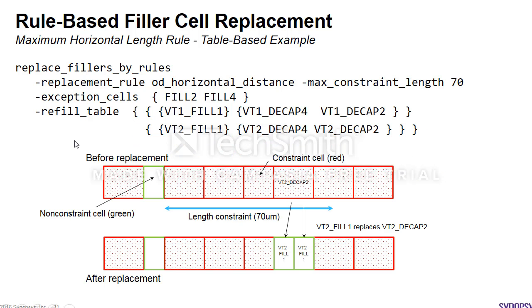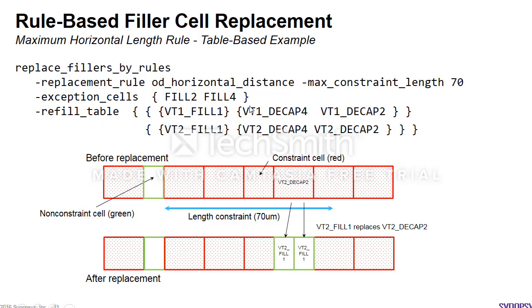These are the details of the horizontal distance between. If you meet the exception cell, it will recalculate, and later on, if you have a cell continue larger than the maximal constraint length with the feeder table.